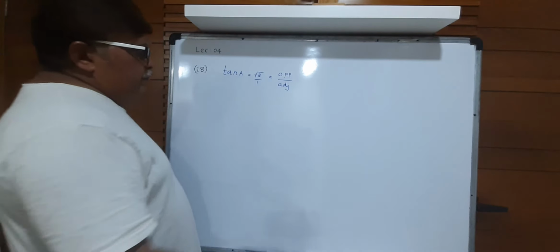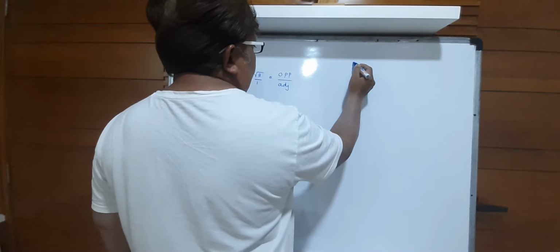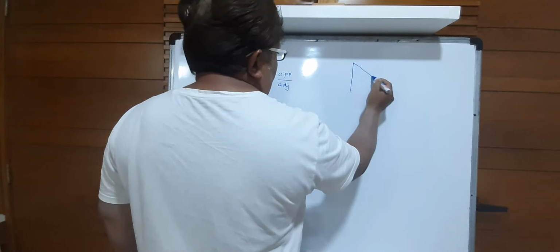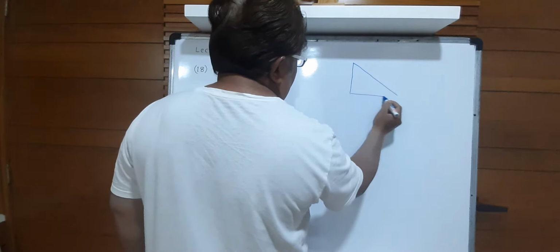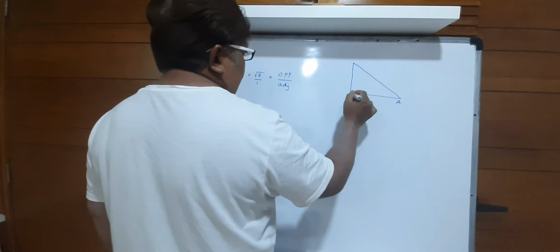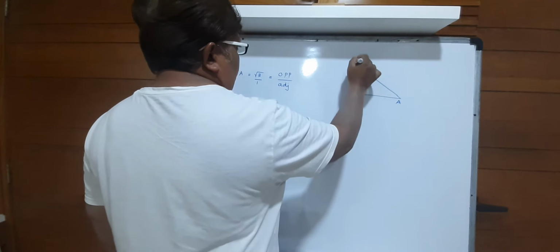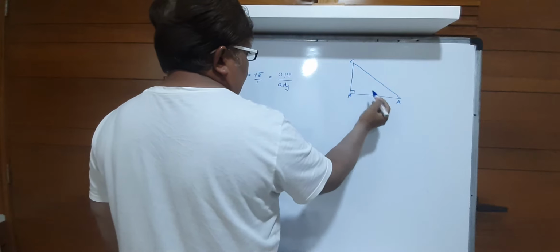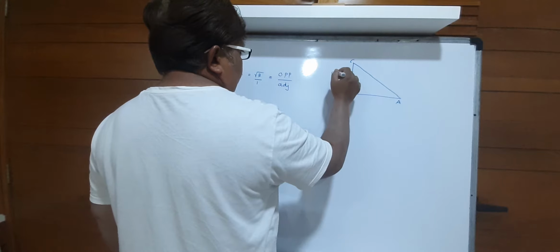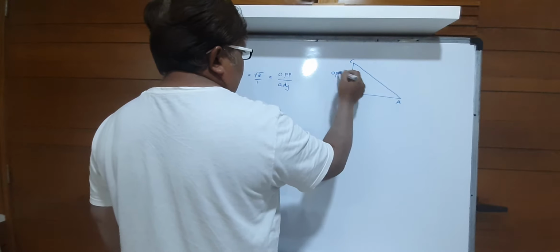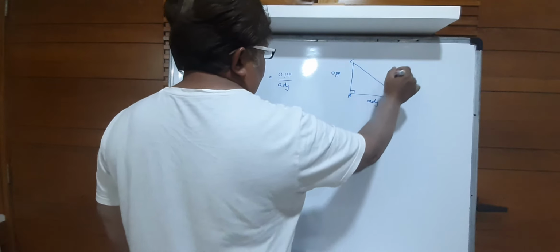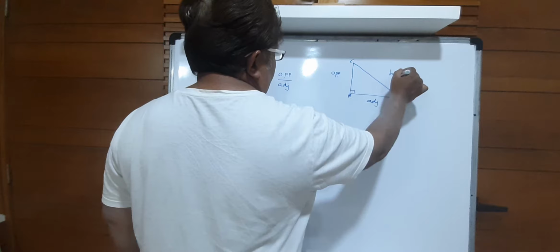Let us decide the two sides of the triangle, and when I name the triangle, I will intentionally take A there. With respect to angle A, this is the opposite side, this is the adjacent side, this is the hypotenuse as ever.